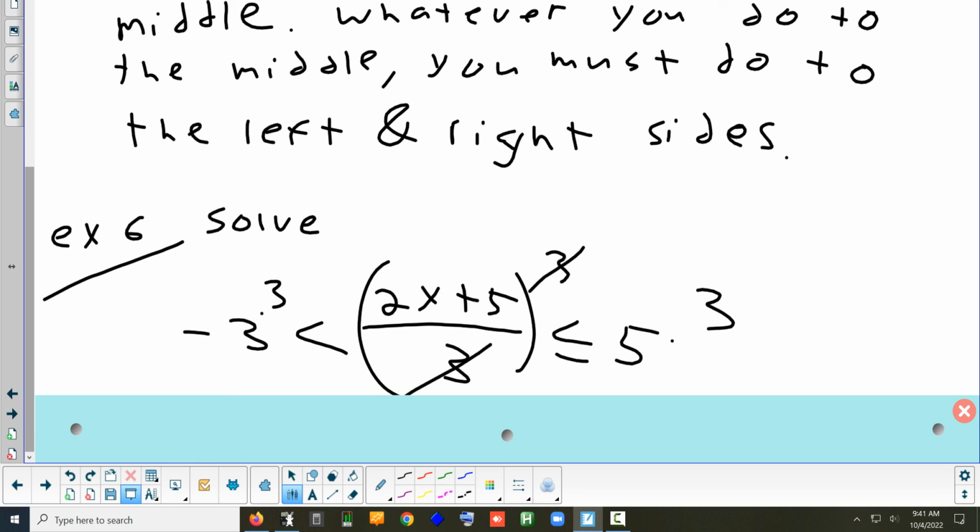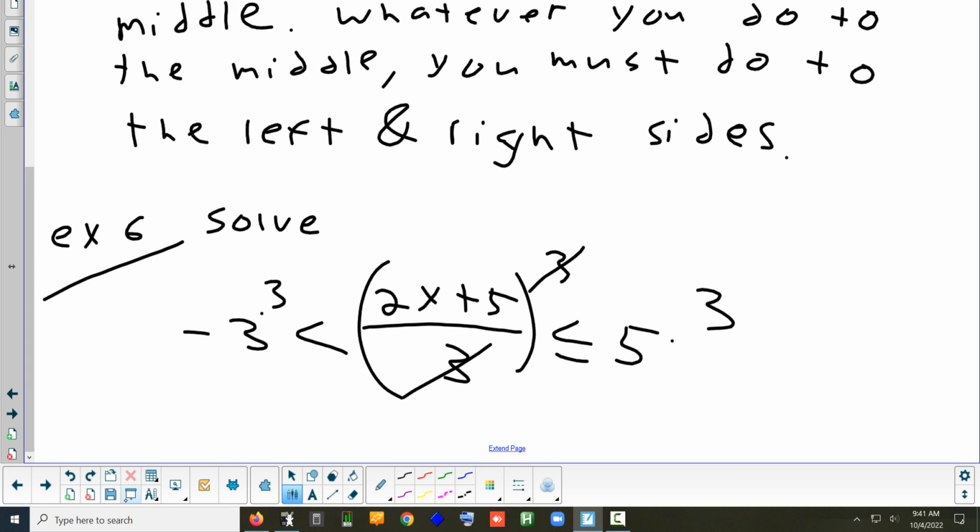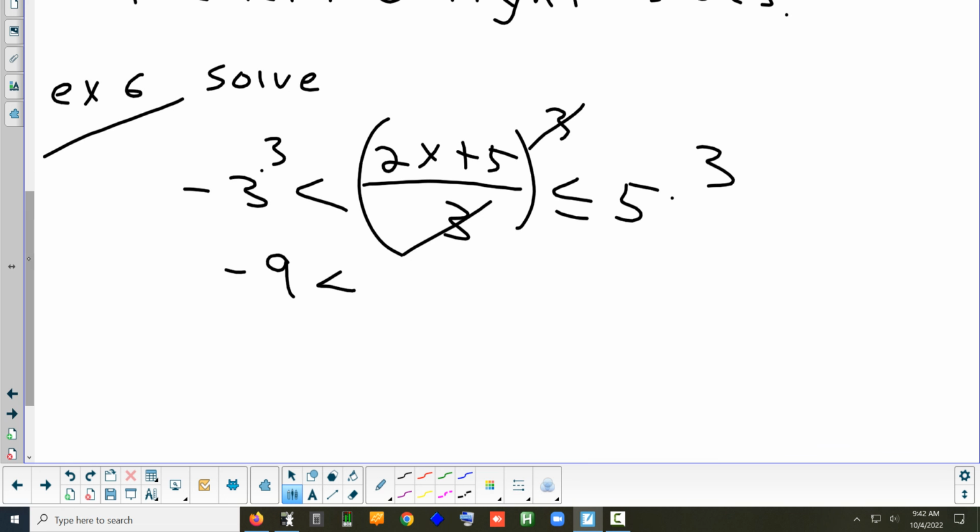You multiply by 3, those are going to cancel. And Sam, when I multiply by 3, what do I have on the left? Negative 9. And that's positive 3 we just multiplied by, so we're not flipping anything. Max, what would be left in the middle? 2x plus 5.